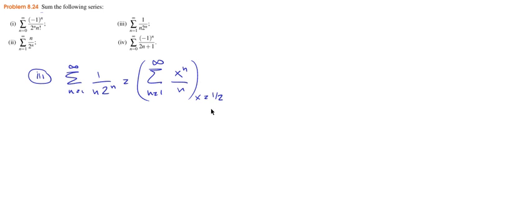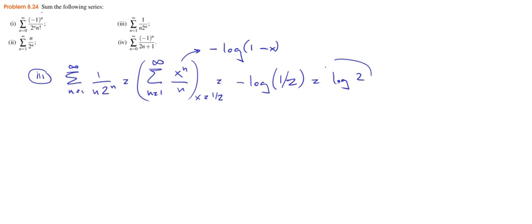The sum of this, we know, is minus the logarithm of 1 minus x. You have to remember this kind of series. So this is minus the logarithm of 1 minus 1/2, in other words minus the logarithm of 1/2, which is the same as the logarithm of 2.